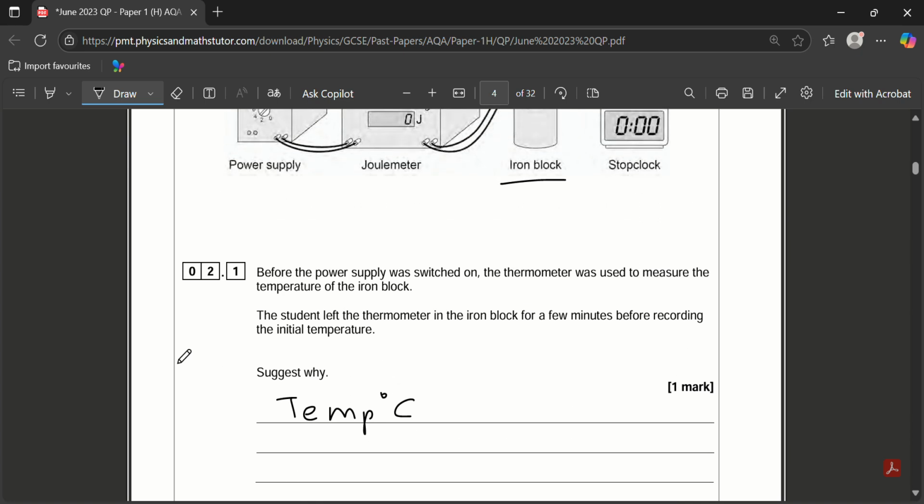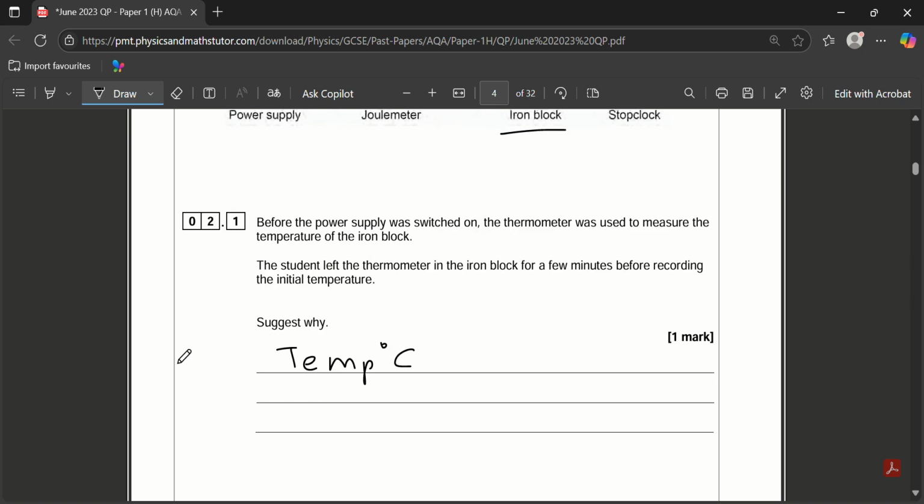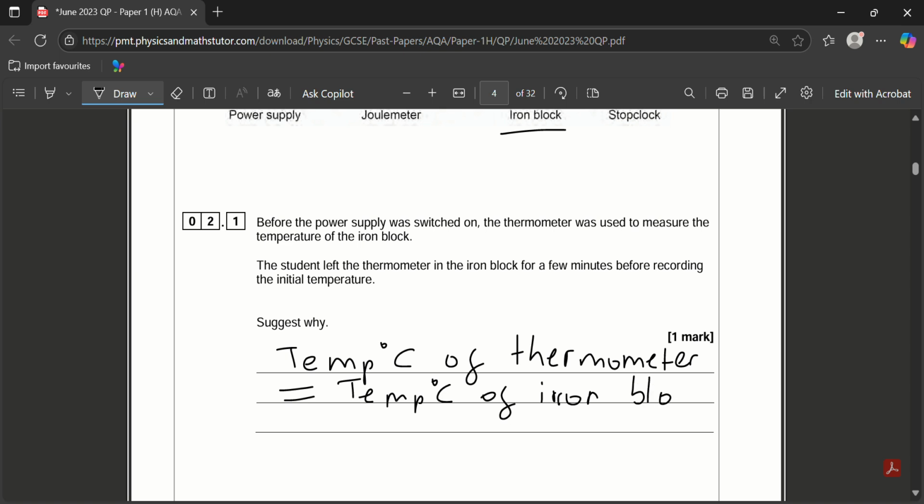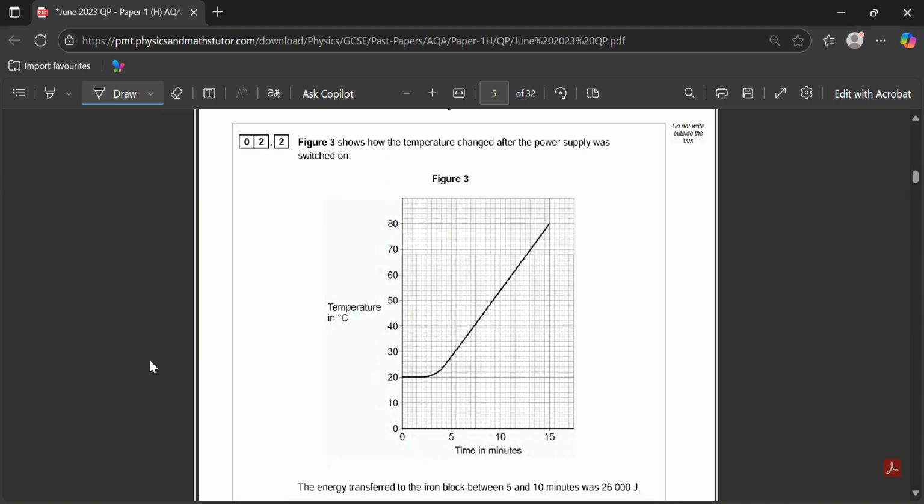So temperature of thermometer is the same as, just use an equal sign here, temperature of iron block. Oh, misspelled that. Iron block. Moving on. A few easy questions.